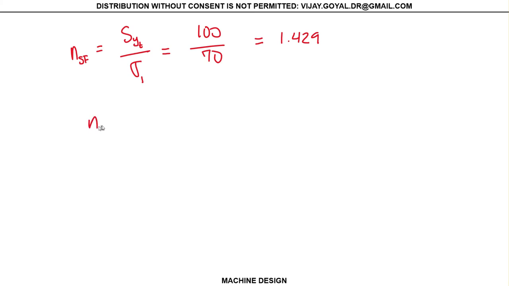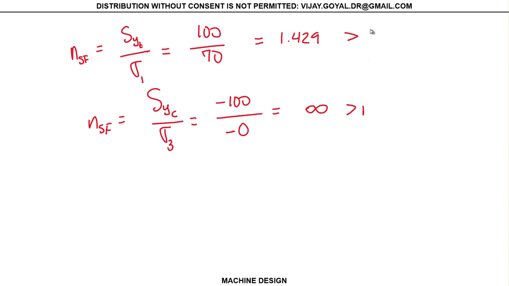And then you also want to check everything from the get-go for your compressive. That would be sigma 3, the compressive value, typically you just put minus 100, because it's compressive. And then sigma 3 in my problem was 0, so I put a 0 there. And anything over 0 is infinite, so it gives you infinite. So you can immediately see that these are bigger than 1, so my structure is safe. So now we move to the next part, okay?